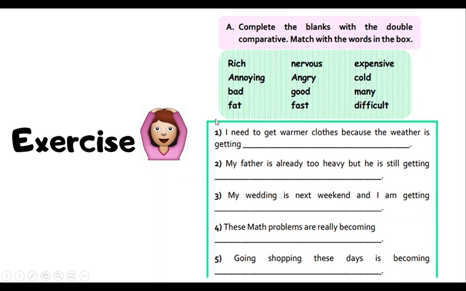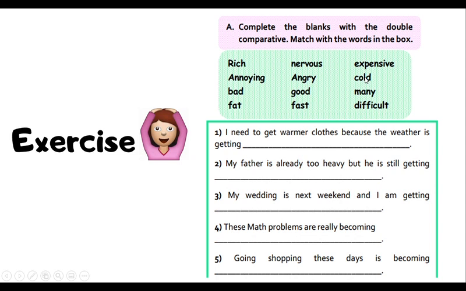Okay. Number 1. I need to get warmer clothes because the weather is getting blah blah blah. Let's take a look at the answer here. Find the answer, please. 1, 2, 3, 4, 5. Stop. Yes, correct. The answer is cold. Now we have to find the comparative form of cold.